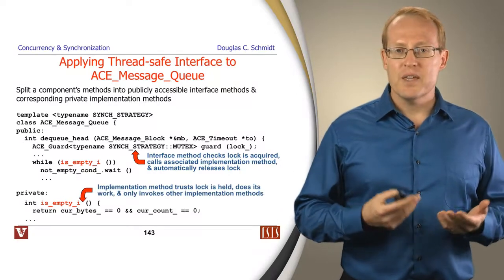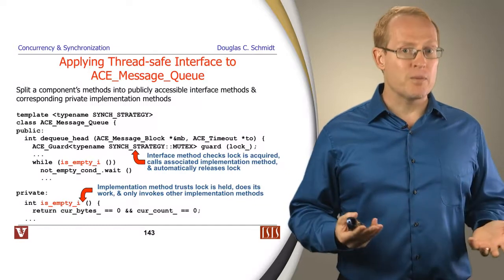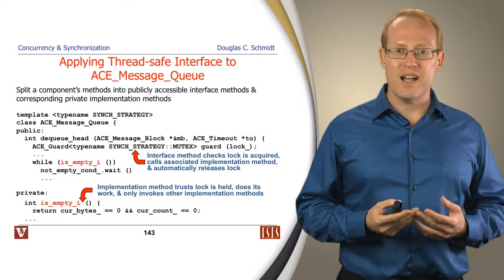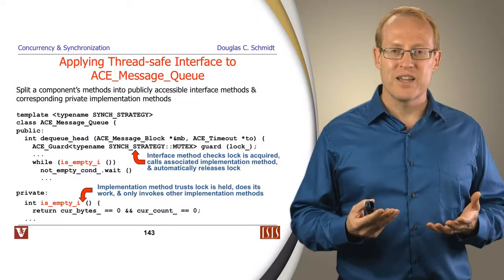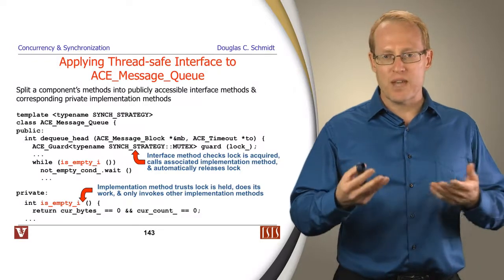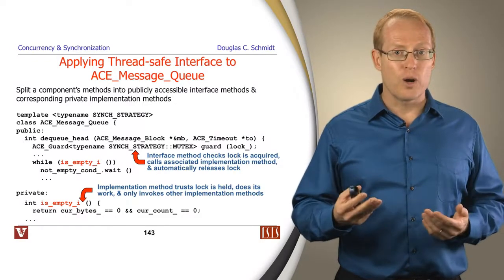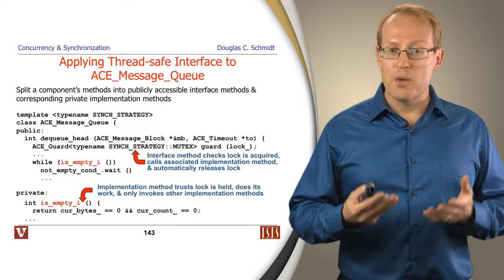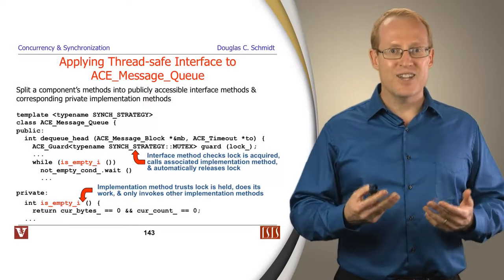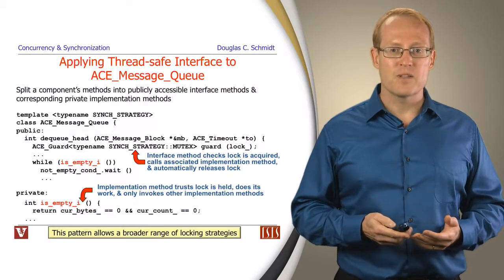As you can see, isEmptyI is a private method. It's not public. It trusts that it was called in a context where the lock was properly held, and it actually does some work. In this particular case, it just checks whether some count is 0 and doesn't do any other work. But if it was actually doing some other work, it would only be able to call other implementation methods, not call out to the interface methods.